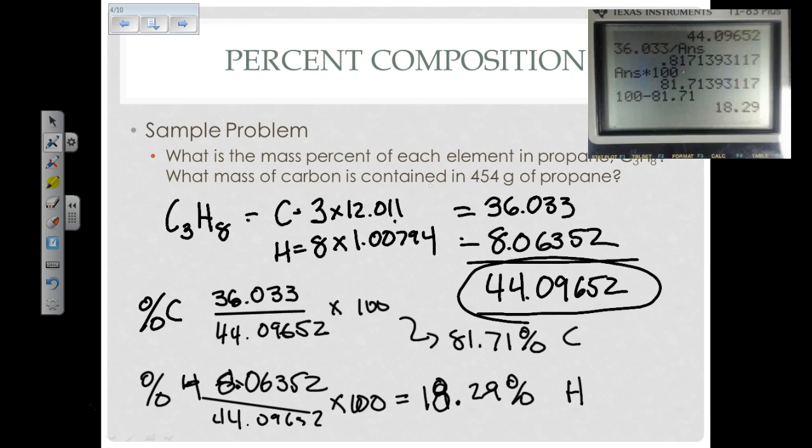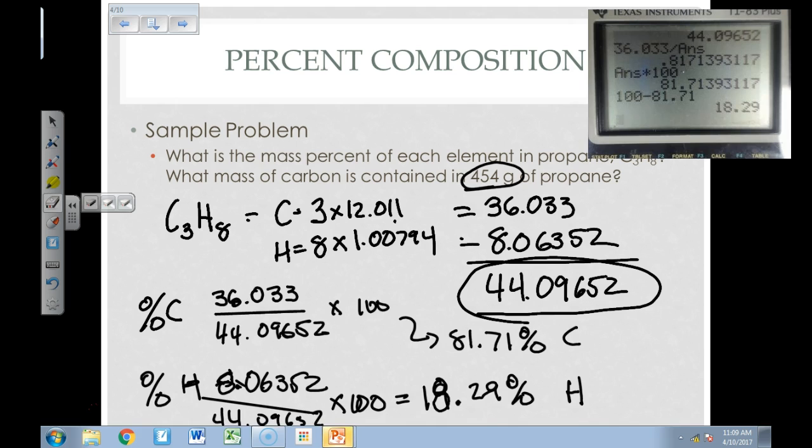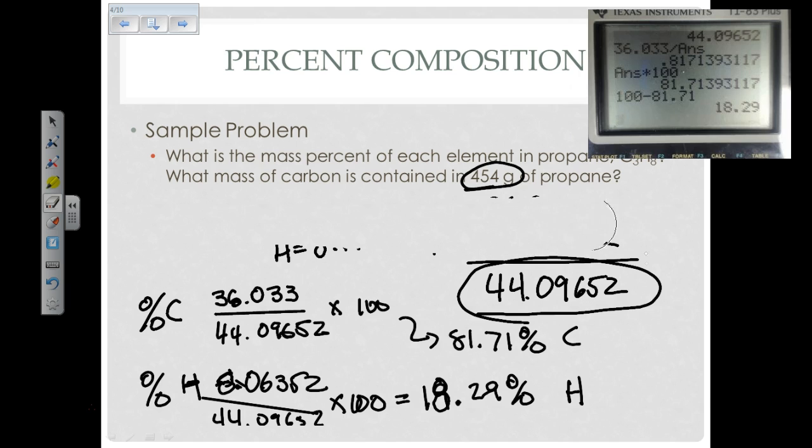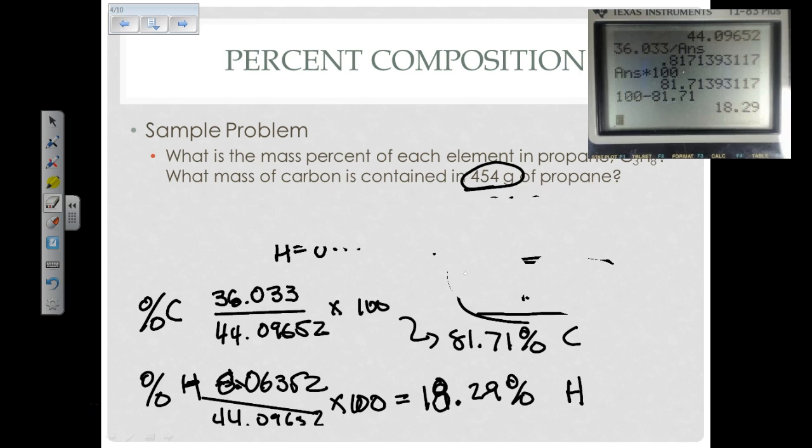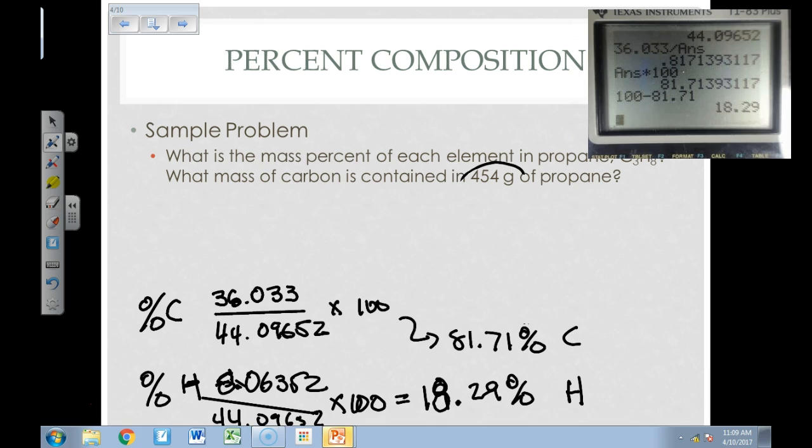Now it says, what is the mass of carbon contained in 454 grams of propane? This tells us how many grams of propane we have, and we know that every 100 grams of propane has 81.71 grams of carbon. So to figure this out, I'm going to make a little space here and erase this. We're going to do something pretty straightforward.